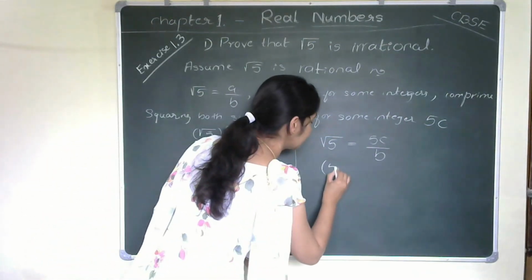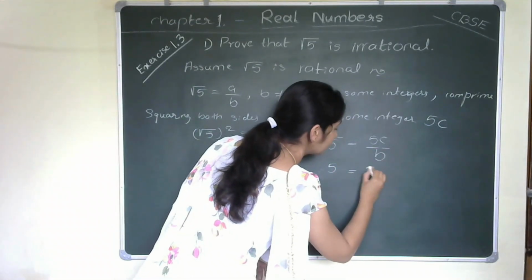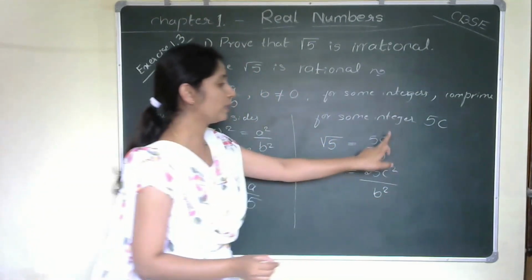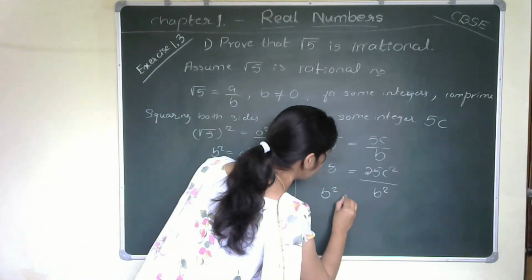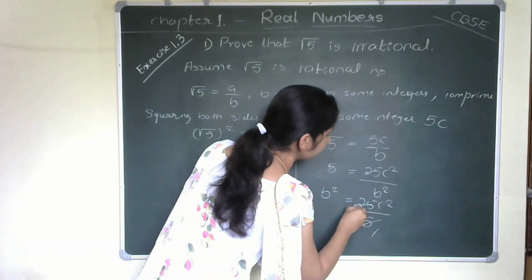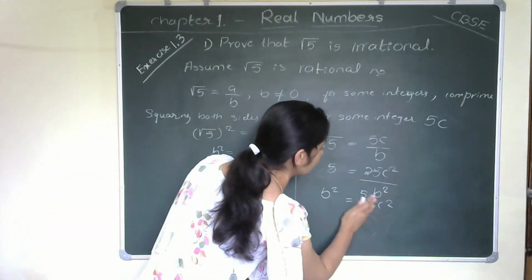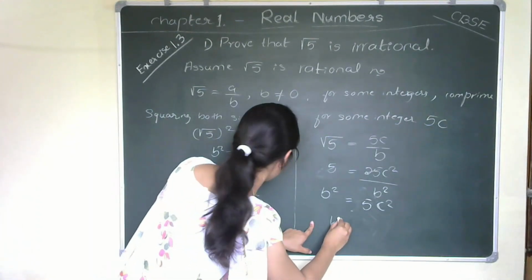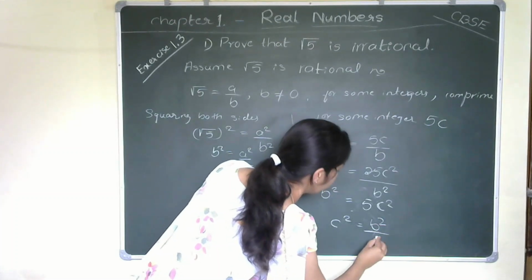Root 5 square is 5. 5c square means 25c square by b square, because 5 square c square. I will rewrite this: b square equals 25c square by 5. So 5 ones are 5, 5 fives are 25. That means 5c square is remaining.